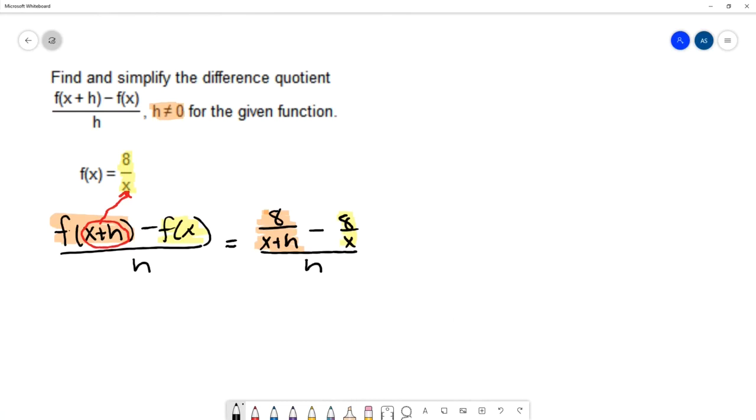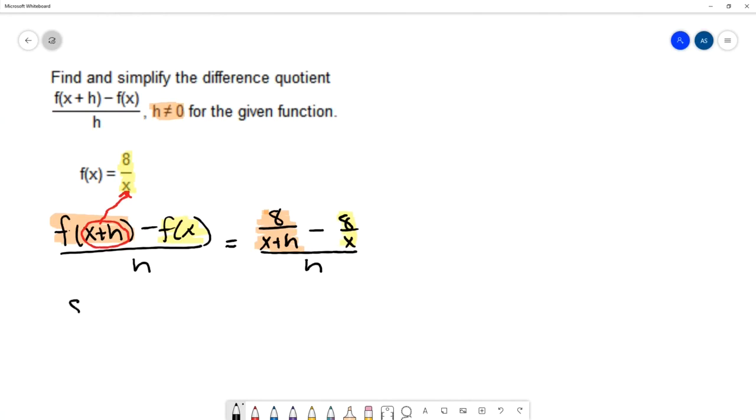So we have a couple different strategies that we can use to simplify this. One of them is clearing fractions. We get rid of the fractions in the problem. And another one is to find a common denominator. I typically use clearing fractions, so I thought this time I'd take a different approach and try to get a common denominator.